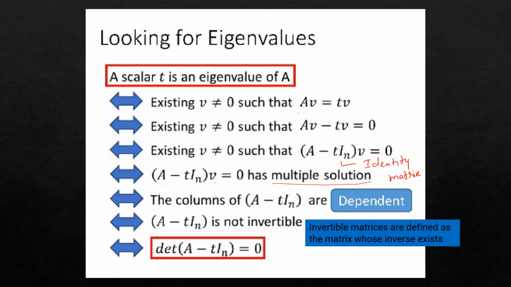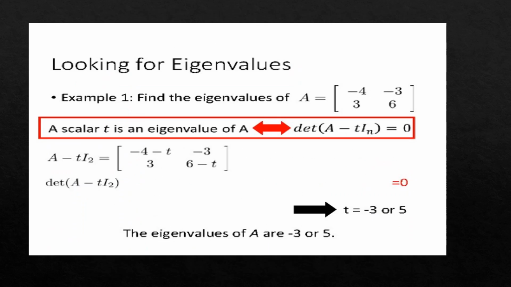The columns of this matrix are dependent, and the matrix is not invertible. Not invertible means we can't find the inverse of this particular matrix. If I find the determinant of this, it will give me the eigenvalues. So let's look at how to calculate the eigenvalues. I need the equation determinant of A minus lambda I_n is equal to 0.